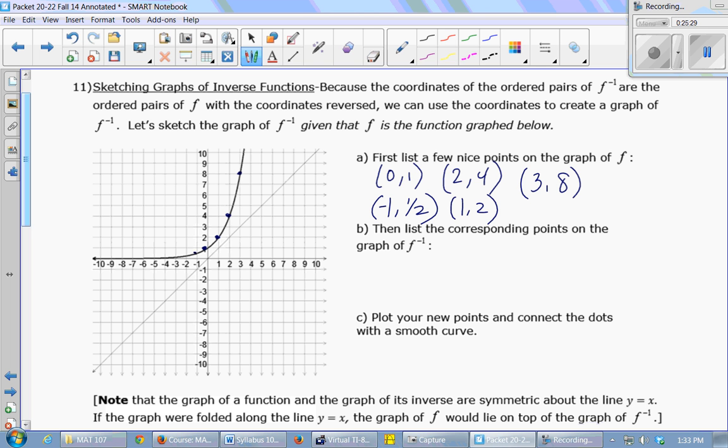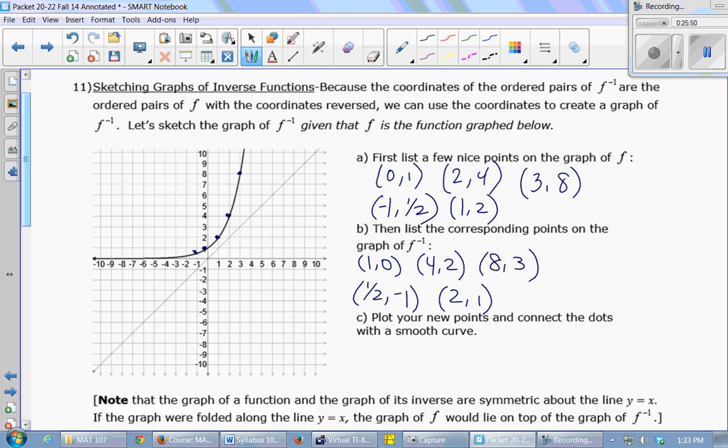And -1/2. Okay. So the corresponding points on the graph of f inverse, you just swap the x and the y. Right? So I would have 1, 0, 4, 2, 8, 3, 1/2, -1, and 2, 1.